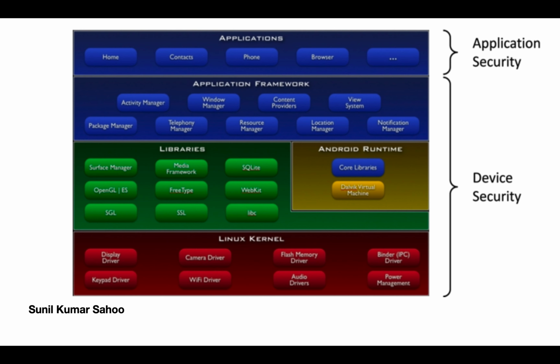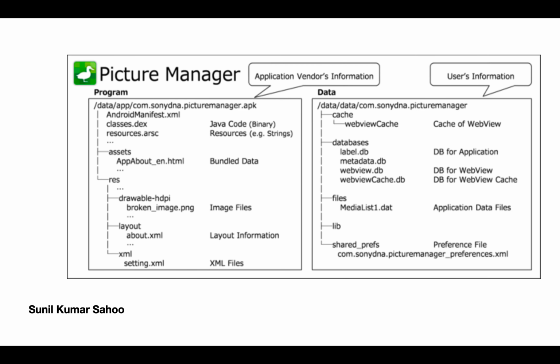Let's take an example of an Android application. Let's think this is a picture manager, and on the left side of the table we have the APK. If we extract the APK, we can see the Android manifest XML, text files, resources. So that left portion is the application vendor information.